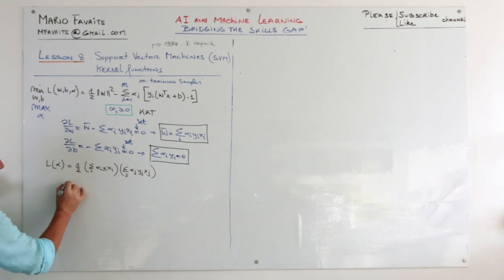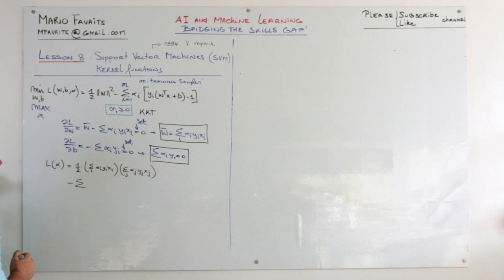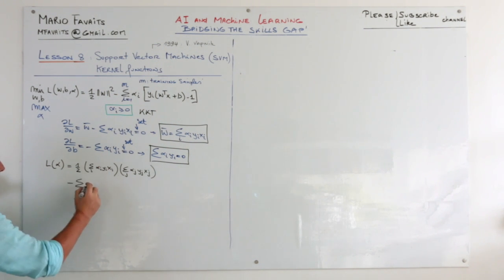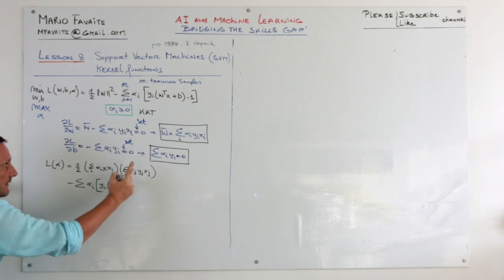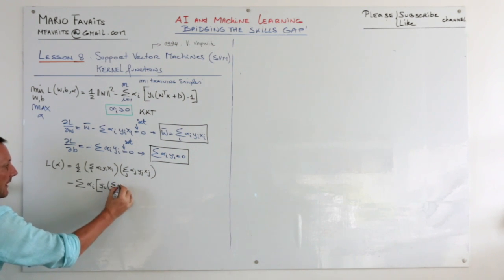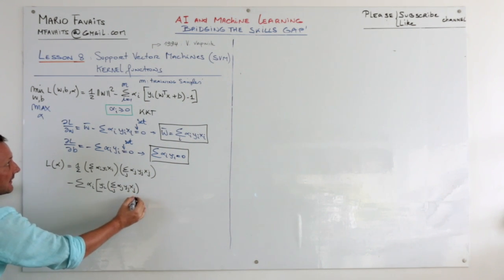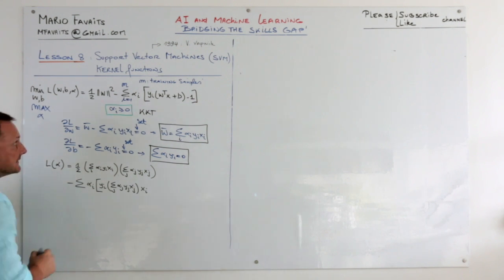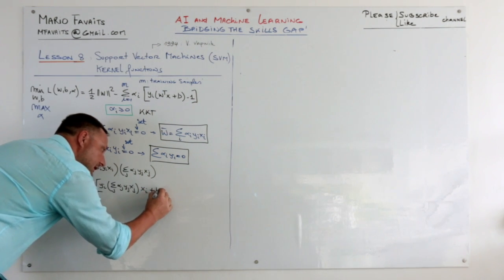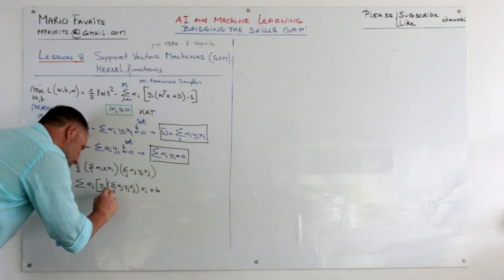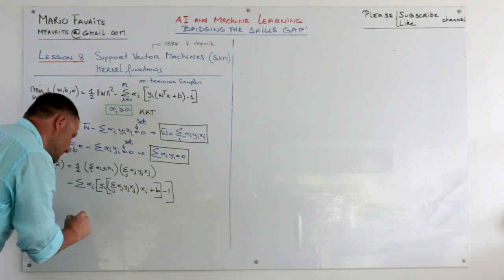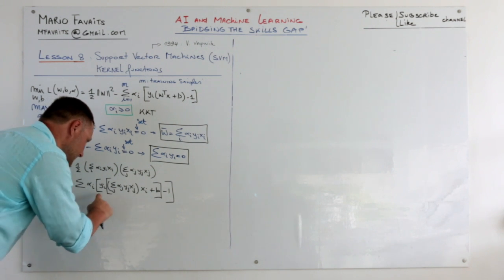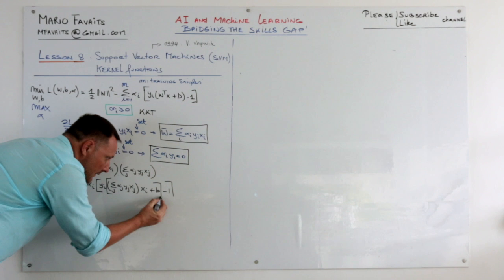Then we have minus the sum over i, so I need to replace w: alpha i, then yi, and then this w, but now with j's, alpha j, yj, xj, and then times xi plus b. This is this bracket, minus 1.